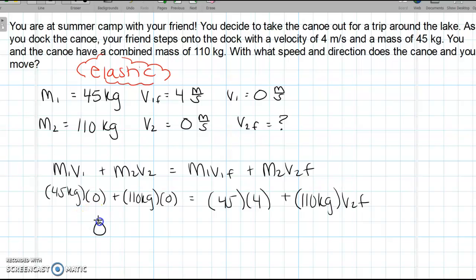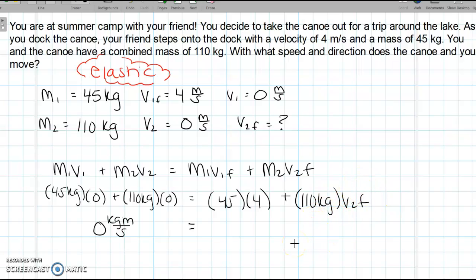So again, our initial momentum total is going to be 0 meters per second. Okay, and we need to solve for this right side, or our final momentum, and we need it all to equal 0. So what does this final velocity have to be equal to?